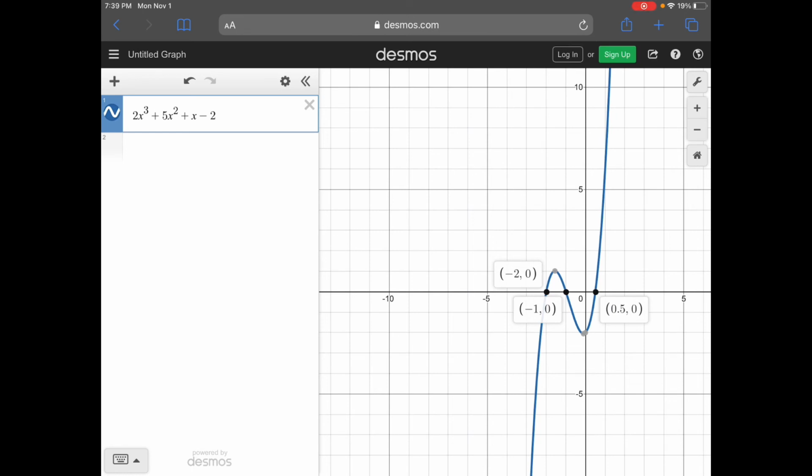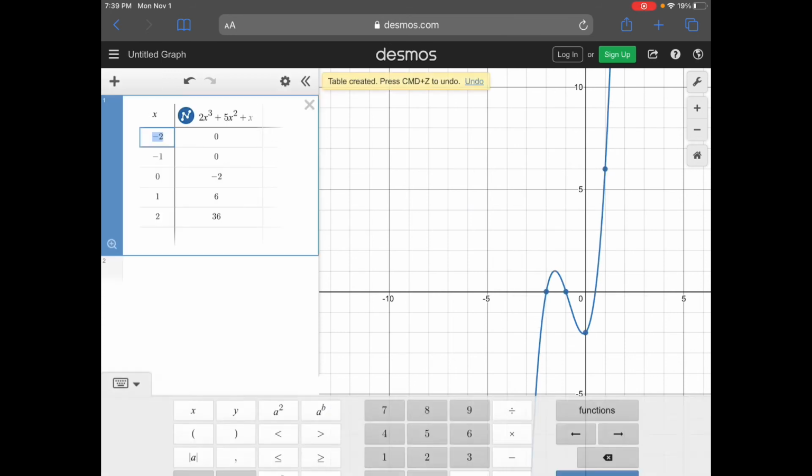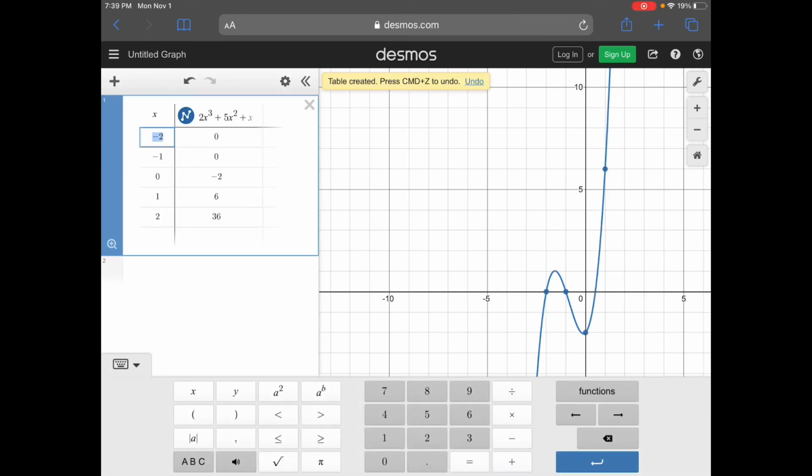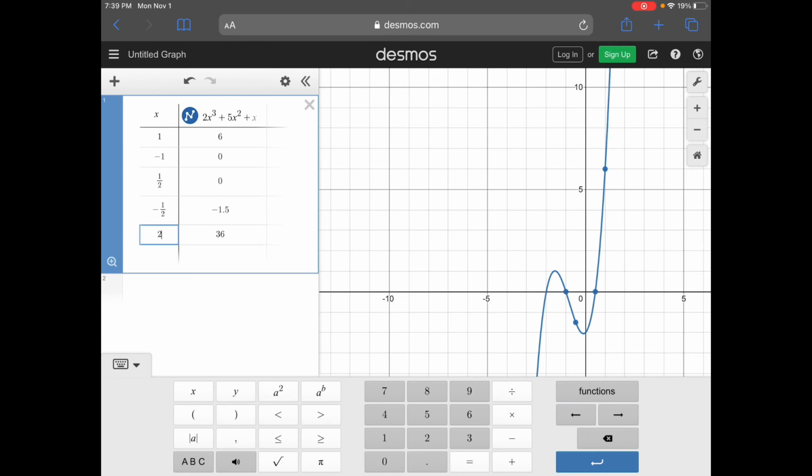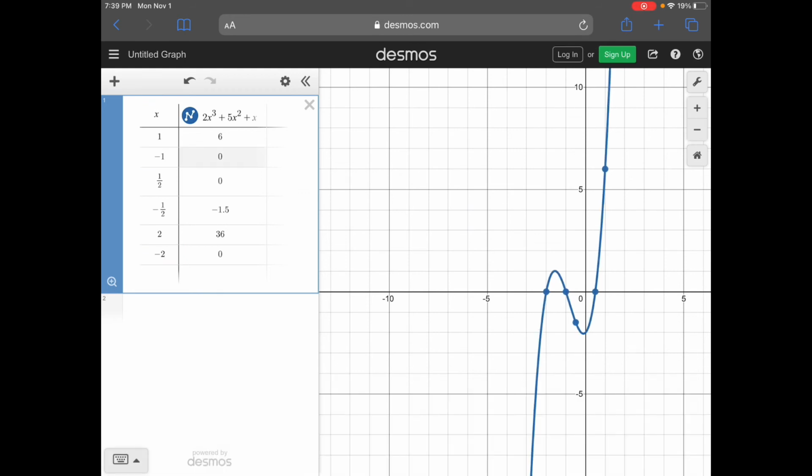If it helps you, you could plug in your possible rational zeros into your table. My possible rational zeros were +1, -1, +1/2, -1/2, +2, and -2. So from my table, I can see that my zeros are -1, 1/2, and -2.